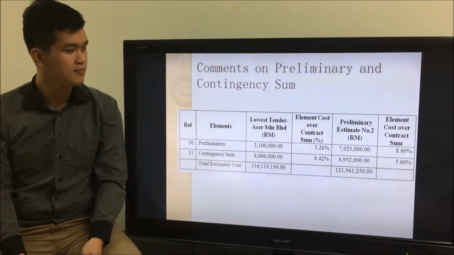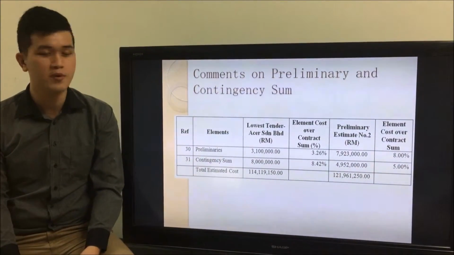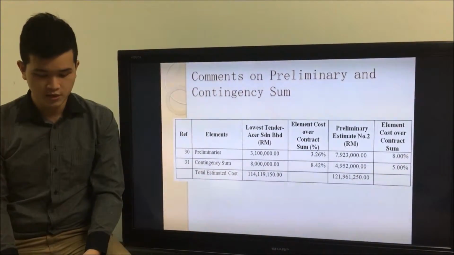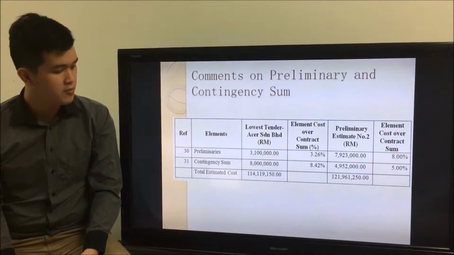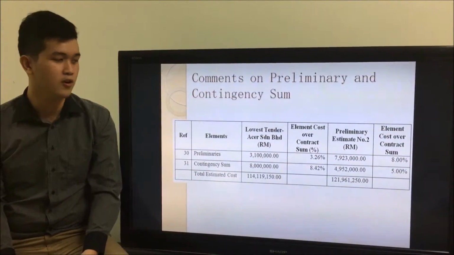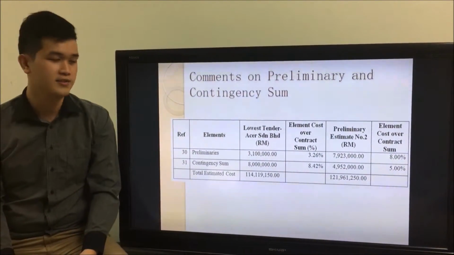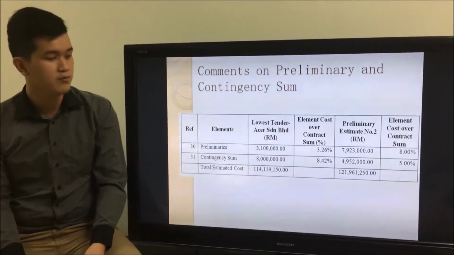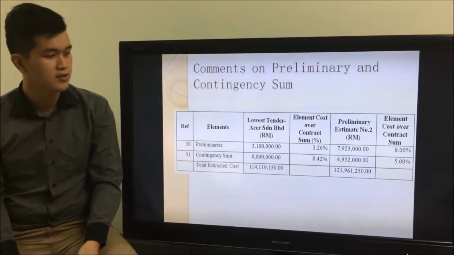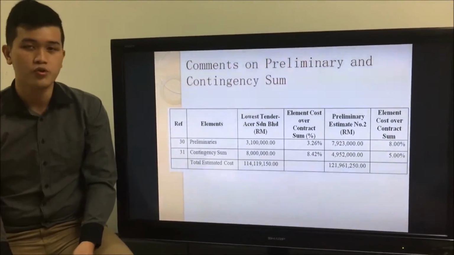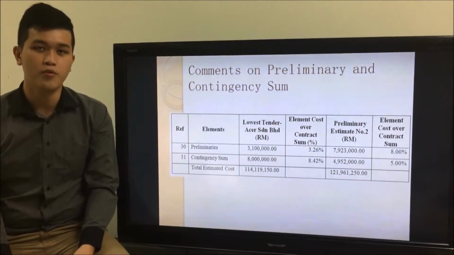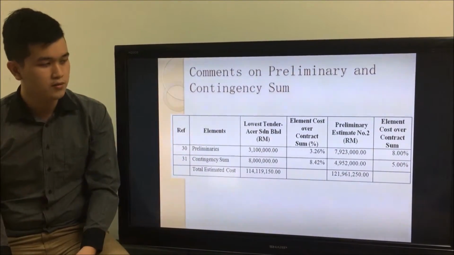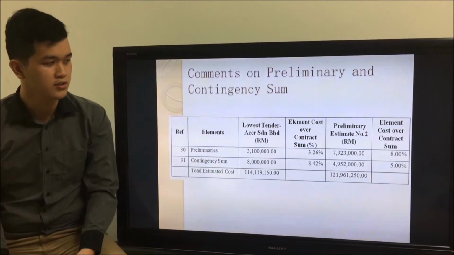Now, there are some comments about the reductions in preliminary and contingency sums in the preliminary estimate number 2. Based on this table, the preliminary and contingency sums for lower standards in Acer Sdn Bhd were 3.1 million and 8 million respectively, and these sums occupy 3.26% and 8.42% respectively of the total construction cost.